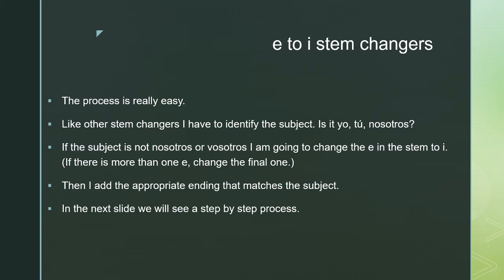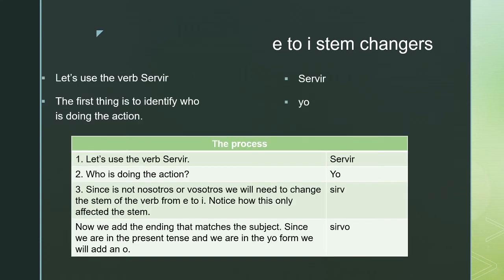If the subject is not nosotros or vosotros, then I'm going to have to change the E in the final syllable of the stem to an I. If the subject is nosotros or vosotros, then I don't stem change. So once I make this change to the stem, then I'm going to add the ending that matches the subject. And in this next slide, I've got a step-by-step process.